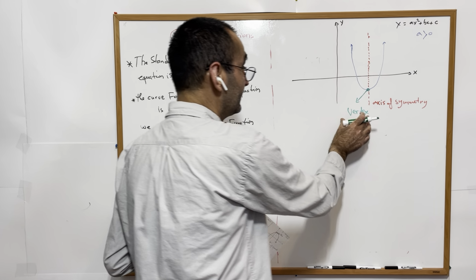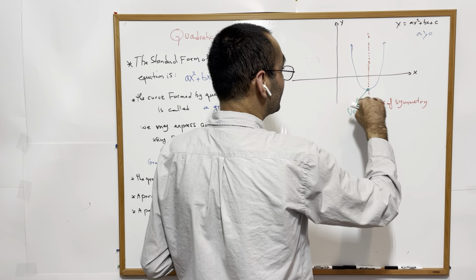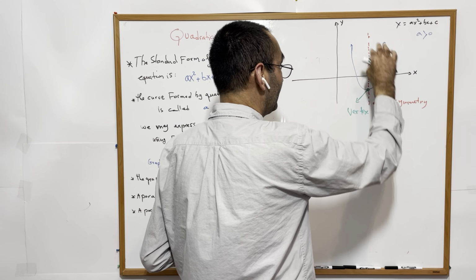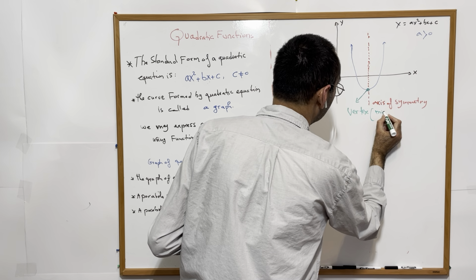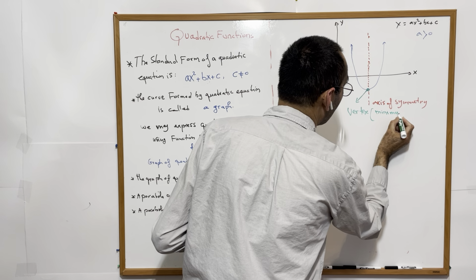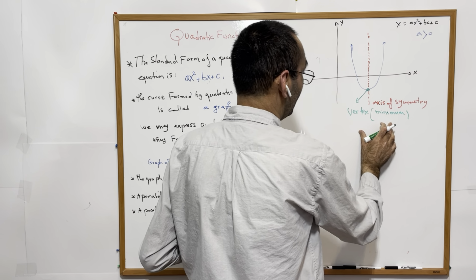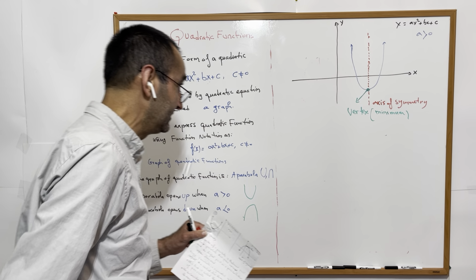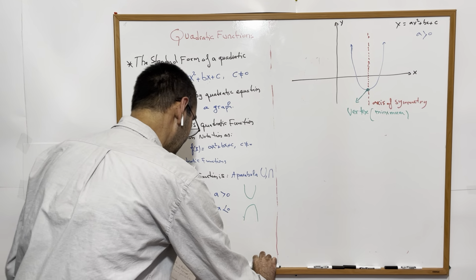If you see, this vertex is the lowest point on the parabola. That is called the minimum. This is called the vertex, or the minimum of the parabola.